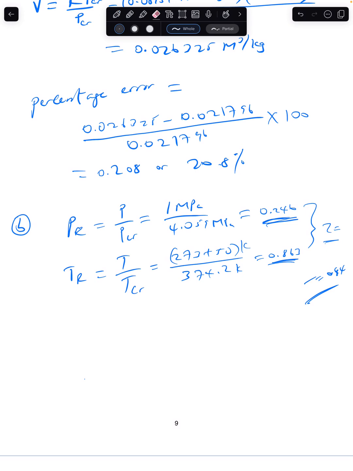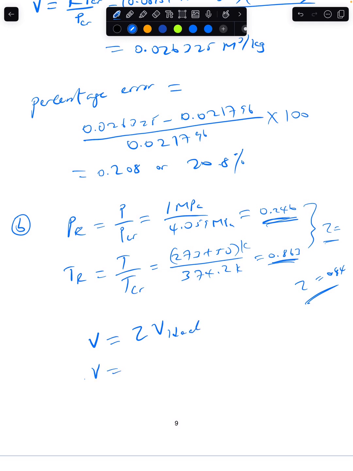Yes, we can determine the specific volume. So this is actually Z. Can we calculate the specific volume? Yes, V is equal to Z and V ideal.